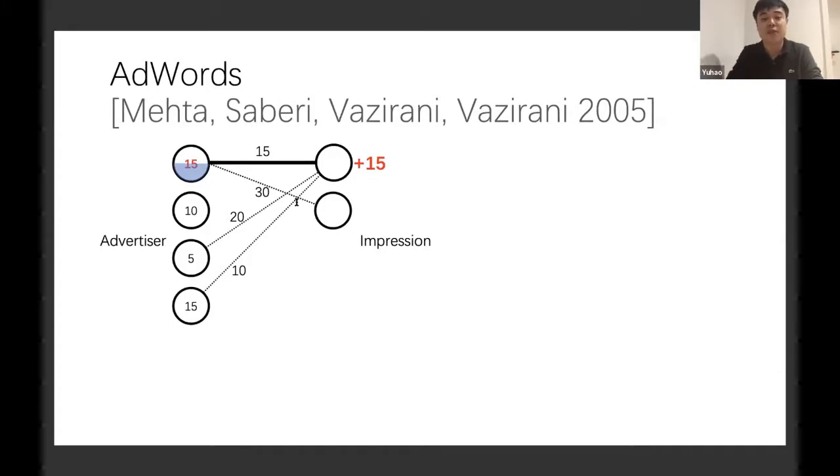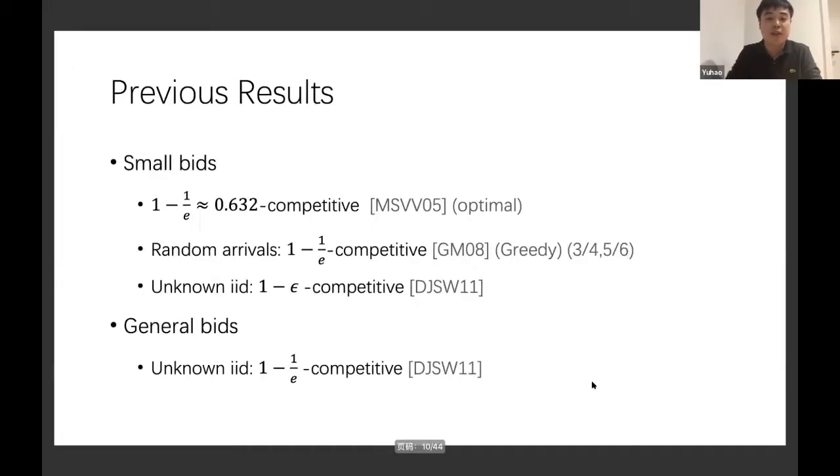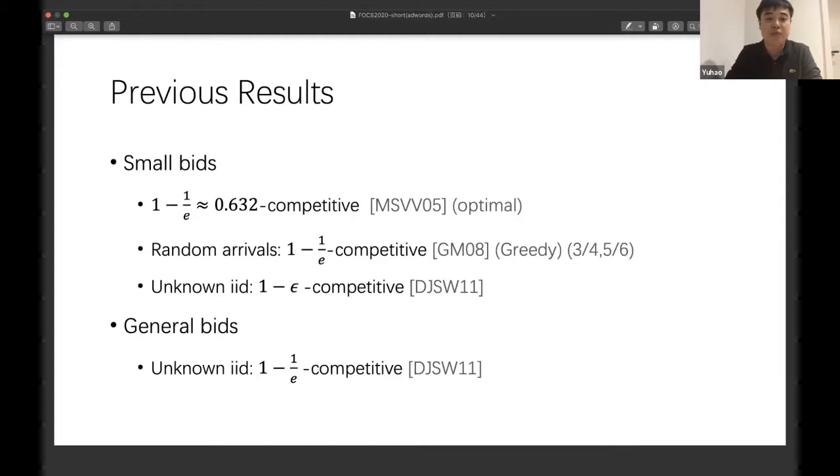So although the edge is 30, we can only get 15 in this round. So at the end, we get a total of $30 gain. But actually, if we knew everything at the beginning, we could make 40. That's quite similar to all the other online problems.